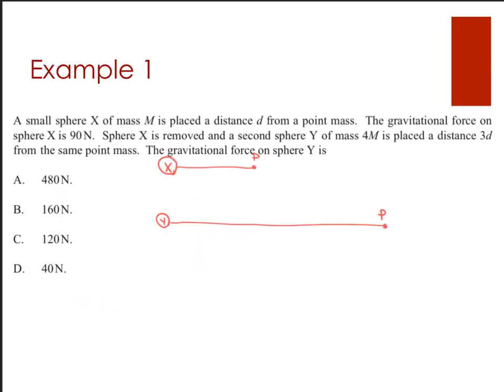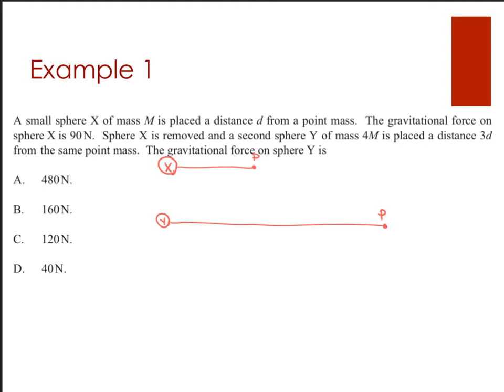Okay, so what I want to do is give you an example of how to use this. A small sphere x of mass m is placed a distance d from a point mass. The gravitational force on the sphere x is 90 newtons. Sphere x is removed and a second sphere y of mass 4m is placed a distance 3d from the same point.